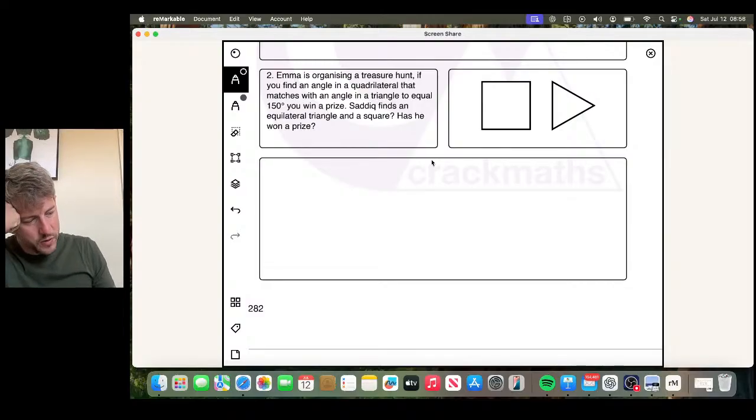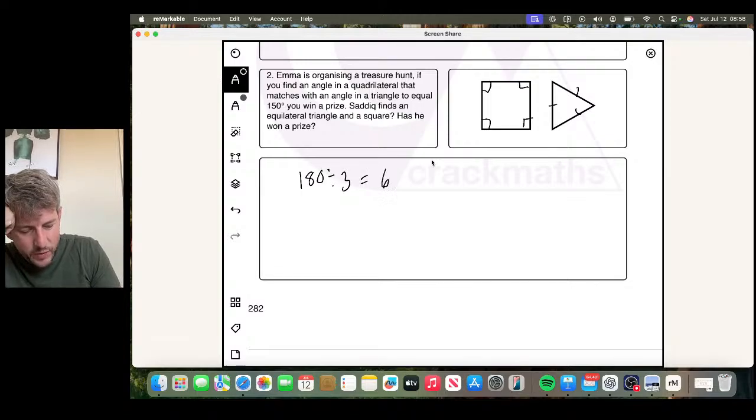Okay, so in a square, all angles are the same. So these are all 90 degrees. In an equilateral triangle, all angles are the same as well. So we can do 180 divided by 3, and that equals 60.